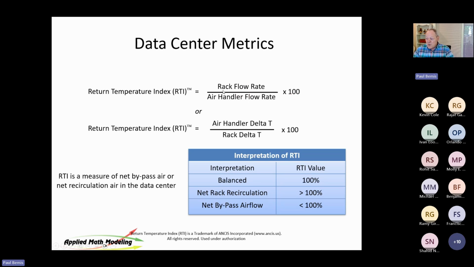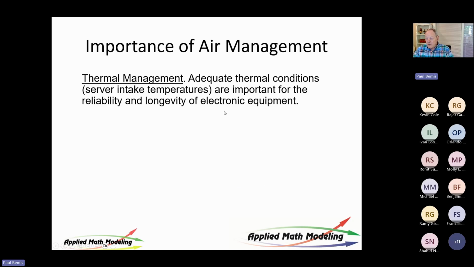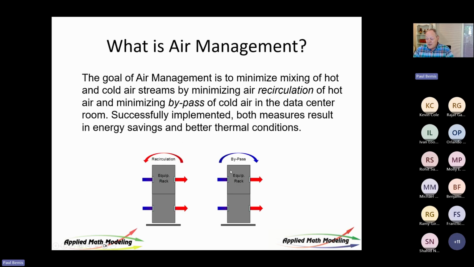But it's important that they're less than 100% because you want this number to always be a little lower than this number. Let me go back for a moment. If you had a choice between this one and this one, you really want this one to be there. In other words, you want to supply a little more air than is really needed by this rack because you don't want it to get hot.